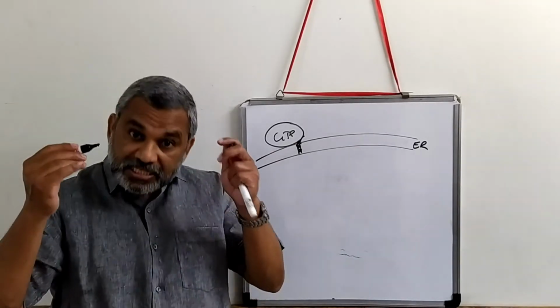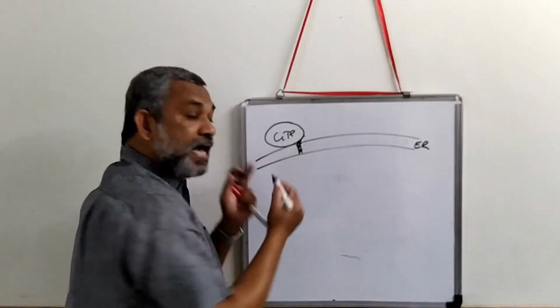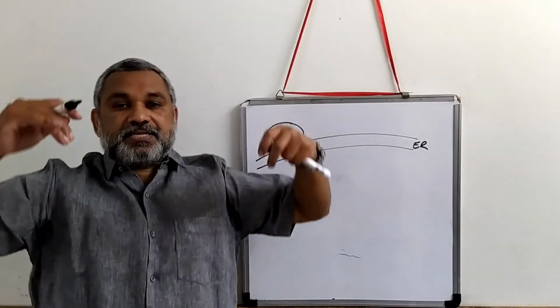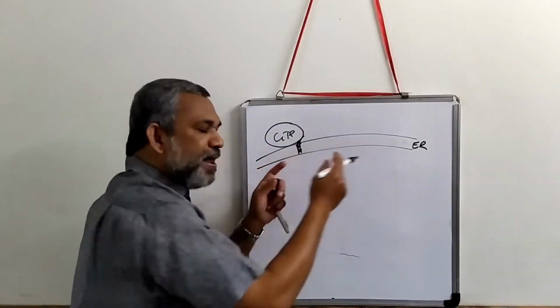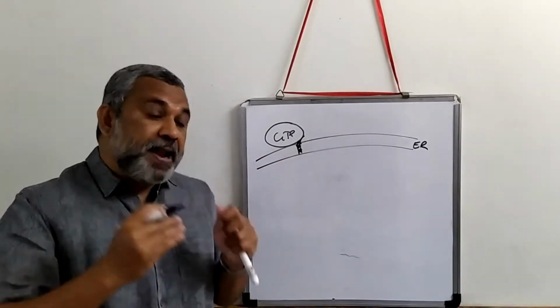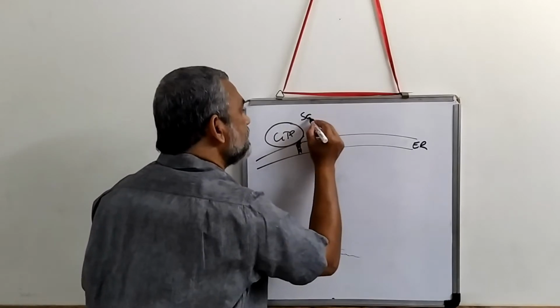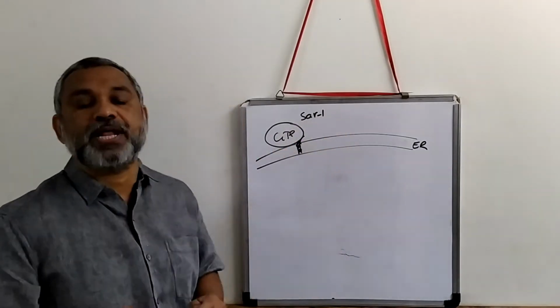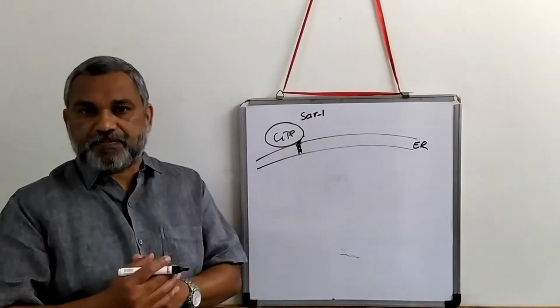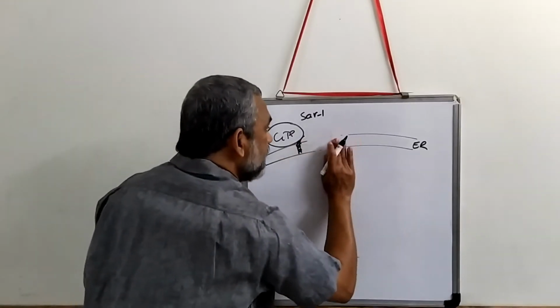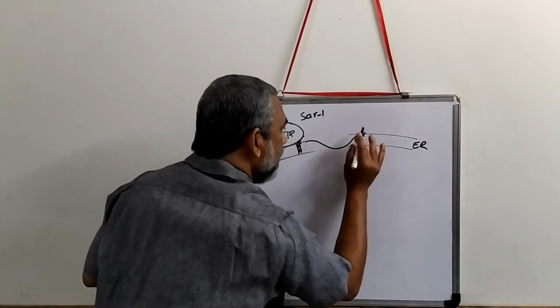In order to achieve that, now what has to be done is it has to form a kind of curvature in the membrane. It has to bend. Now this bending is mediated by this SAR protein. This is the GTP bound SAR1 protein. It initiates the process. Now once it initiates the process like this, it will bend.